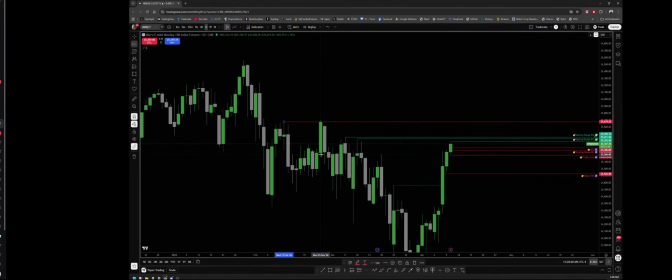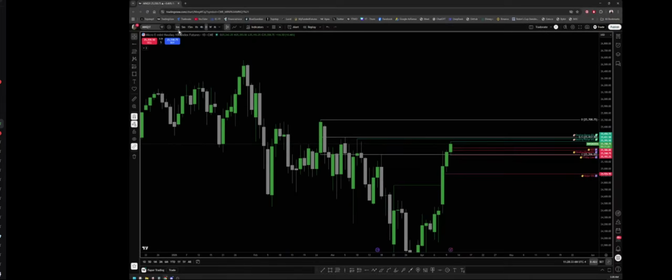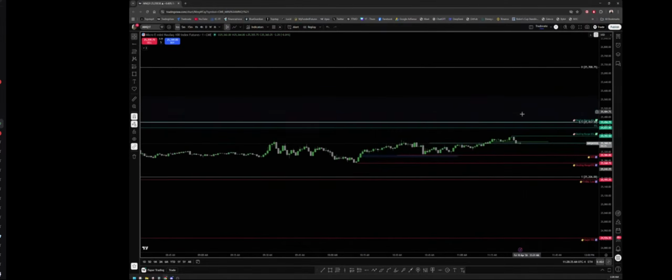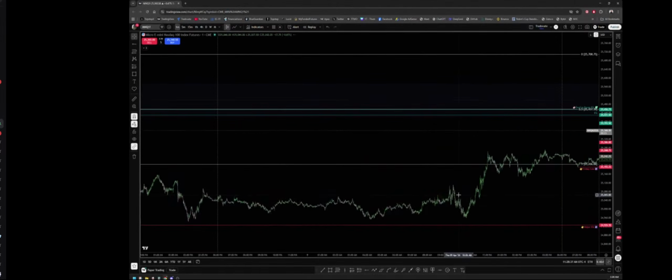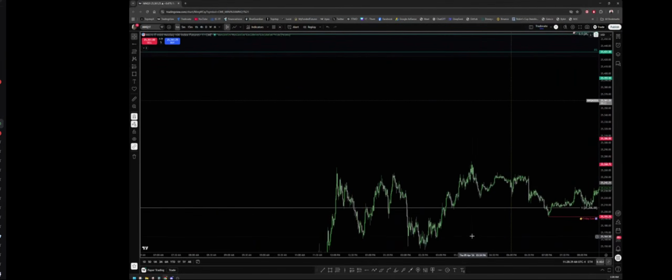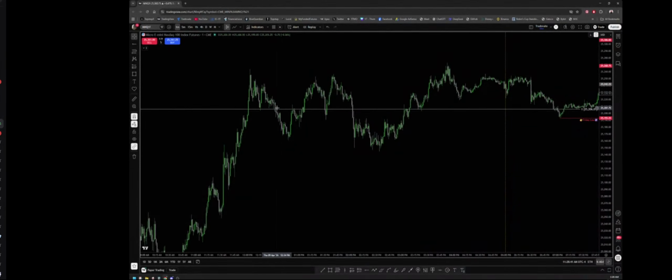So liquidity, order block. Mean threshold was traded before. Yesterday we had some beautiful structures happening around this. That was the low.